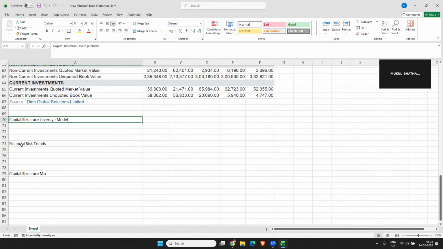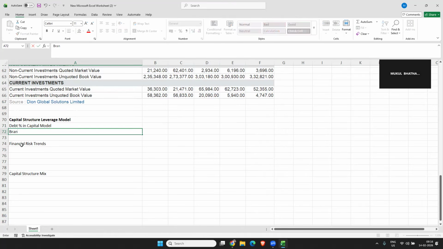So let us talk about the capital structure model first. In the capital structure model, how will we create this model? We will be calculating two things here. The first one is debt as a percentage in capital model. The second thing will be equity multiplier.